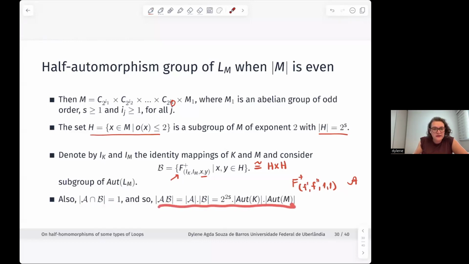And we have this counting of the number of elements of A and B, okay? So we have 2 to the S, the number of elements of the automorphism group of K, and the number of elements of the automorphism group of M, okay?